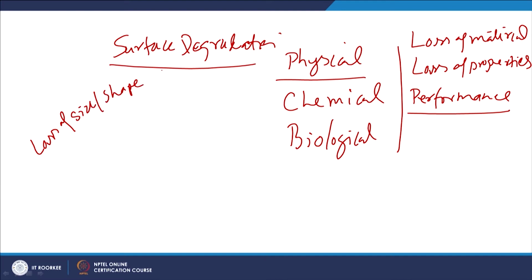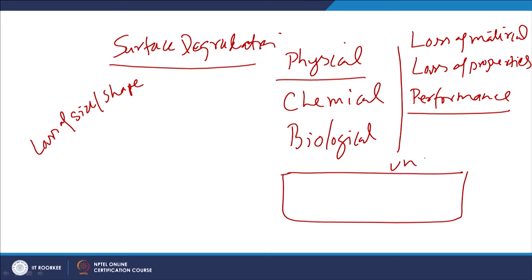Whenever there is a loss of material due to these interactions, the losses will not be uniform from the functional surfaces of the component, and this leads to undulations or irregularities on the surface. So, not just the size but also the shape is lost, and this may lead to improper functioning of the component being used. So, loss of size and shape is one aspect.